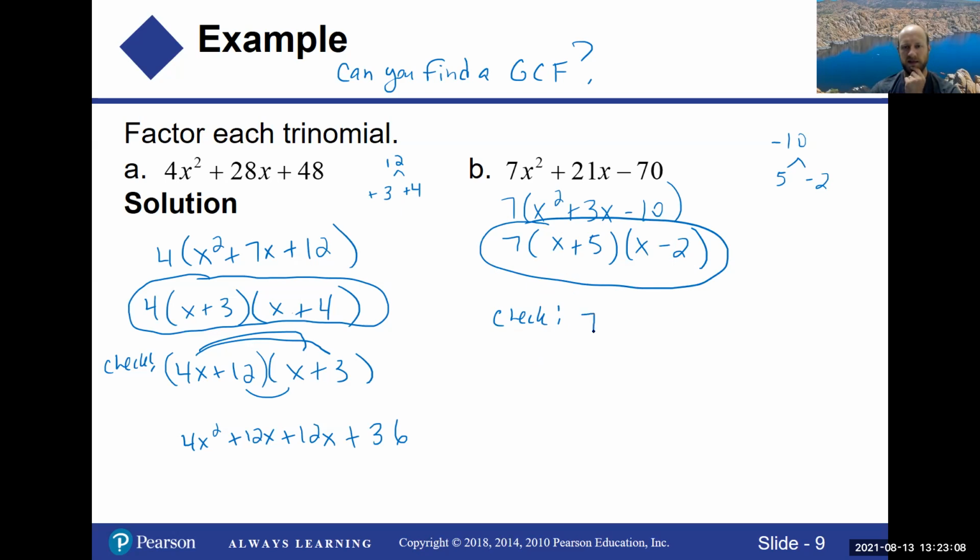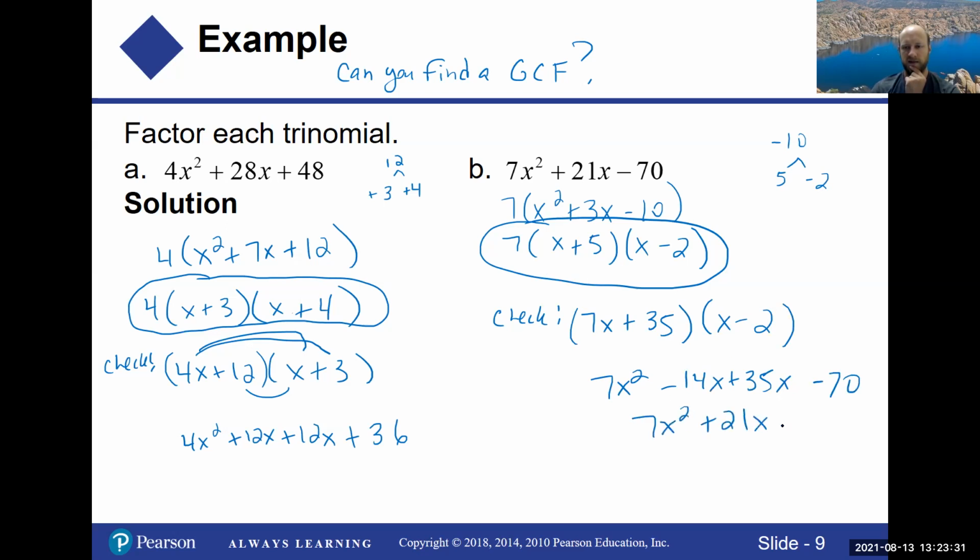I do 7 times x is 7x. 7 times 5 is 35. And then I get 7x squared minus 7x times -2 is 14x. 35x, -70. And that one checks out.